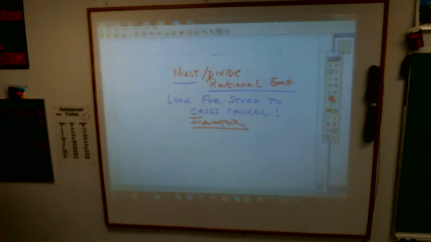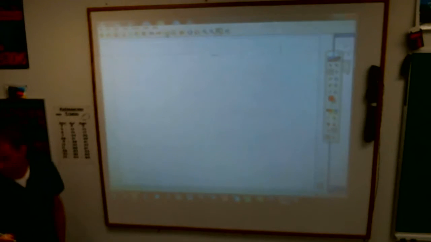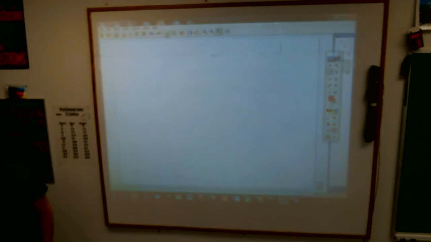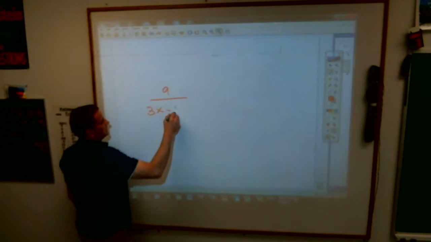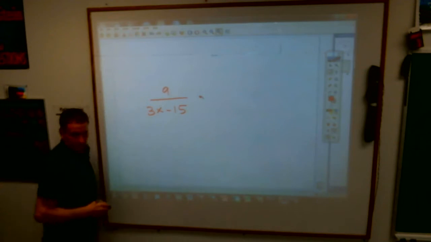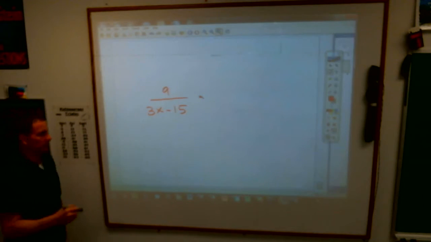In other words, here is example number 1. You look at this and it looks really complicated. I gotta switch because I need a lot of room for this. If you have something like this, 9 over 3x minus 15 times x squared minus 2x minus 15.